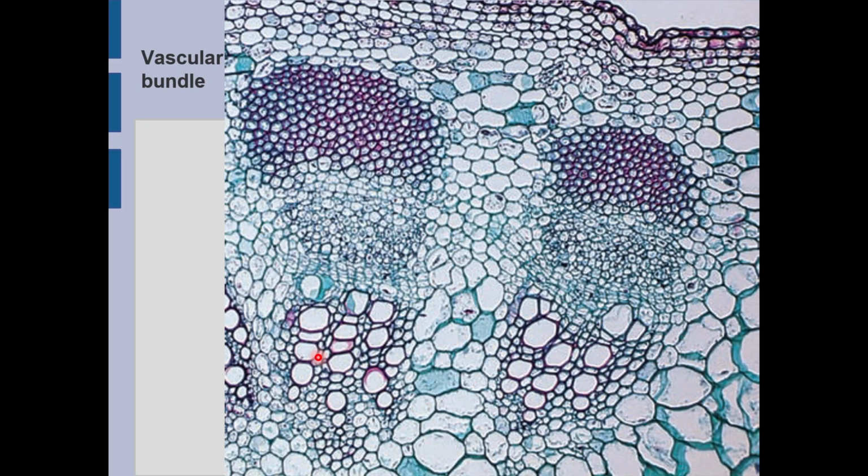So this is a vascular bundle with the xylem. So this is a xylem, and this is a phloem. Between them there is a vascular cambium that can increase both of these tissues.